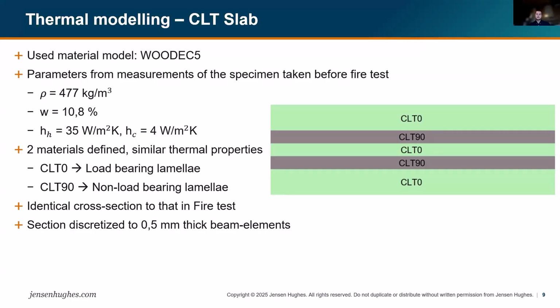But in the thermal modeling, the thermal properties are similar in both of these materials. The cross section is identical to what was fire tested, and the section was discretized to 0.5 millimeter thick beam elements.